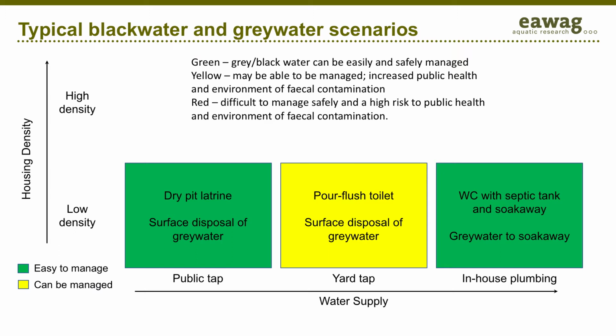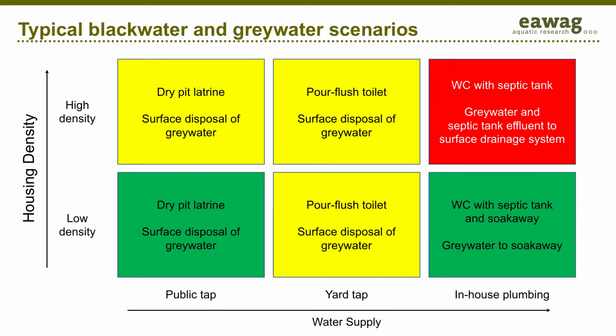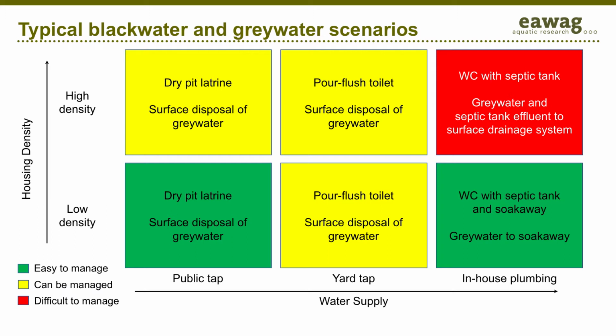However, if the housing density is high, there may not be enough space to allow the greywater to soak into the ground, even where consumption is low, as it is associated with public taps. A similar situation will often prevail in houses with yard taps, and both of these situations present moderate risk arising from pools of greywater that can encourage insect breeding, helminths, and unpleasant living conditions.